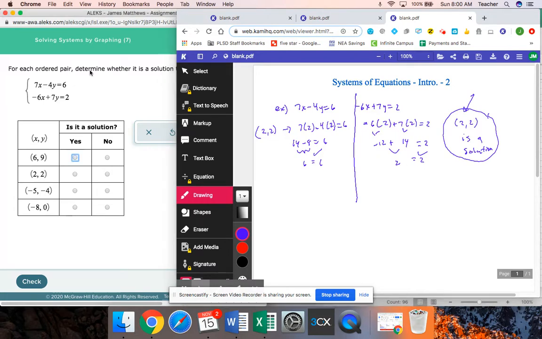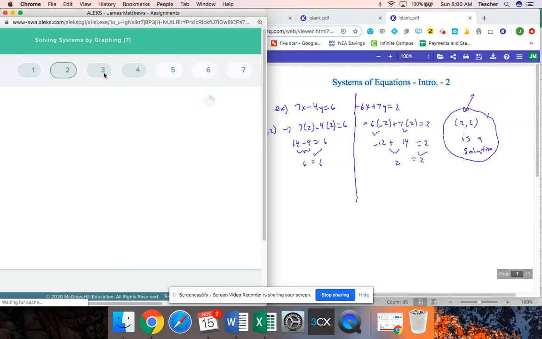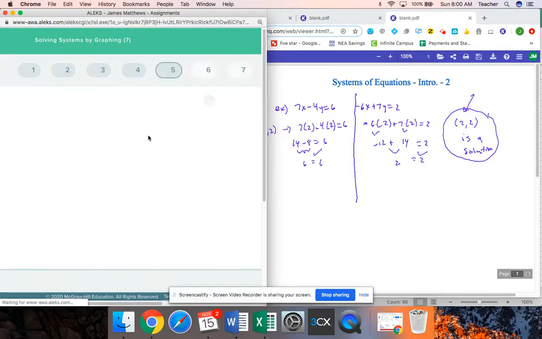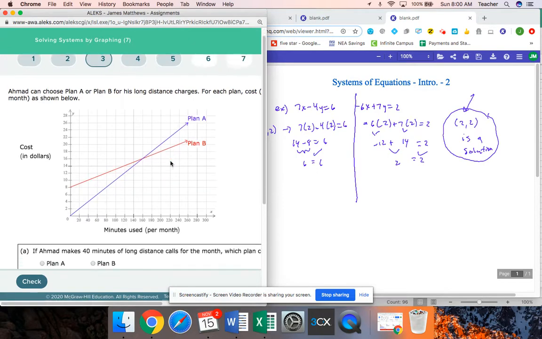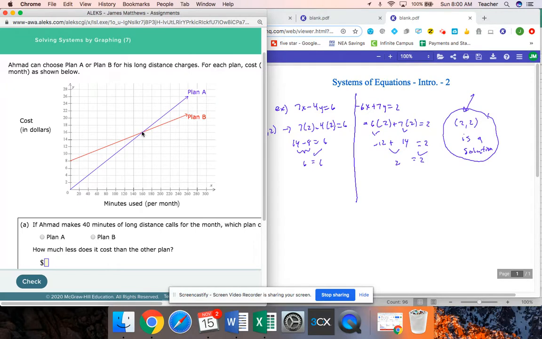All right, now you can do some other practice on that. If I took a look at, say, number 3, there's a graph there, and it's about making sure you understand how to use this. If you understand that this is where they are equal, you can see that after this point, plan A is more in cost because it's a higher cost, and plan B is less.